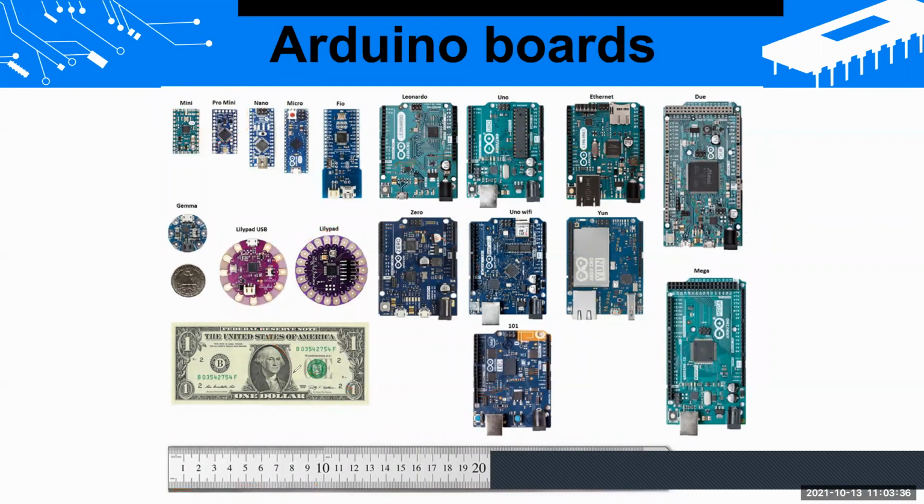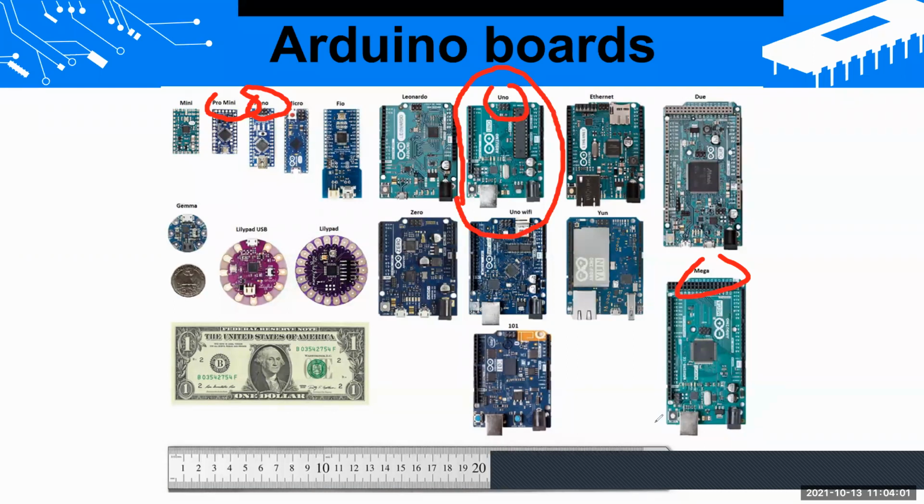These are the things in our lab. We have Arduino Unos, Megas, and Arduino Nanos, and Pro Minis, though I'm not sure about that. Most of the time we are using the Arduino Uno, which is a mid-range one.